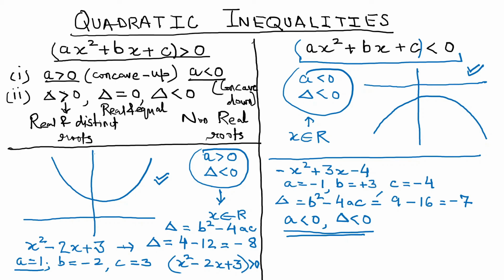In this case, you will say that the range of minus x square plus 3x minus 4 is negative. The range means the inequality. Hope you'll be able to understand this and take this learning to the next level.